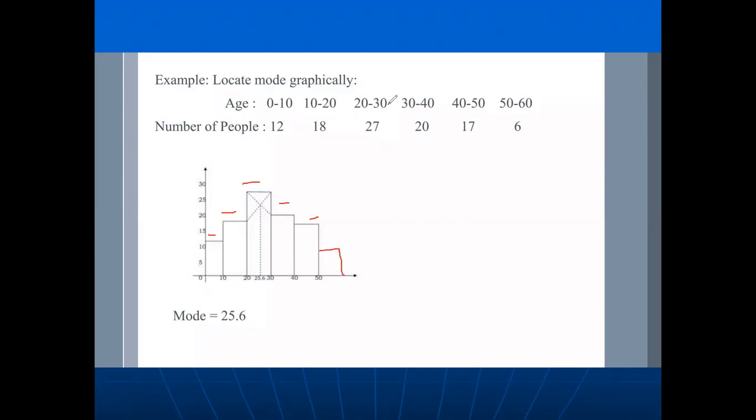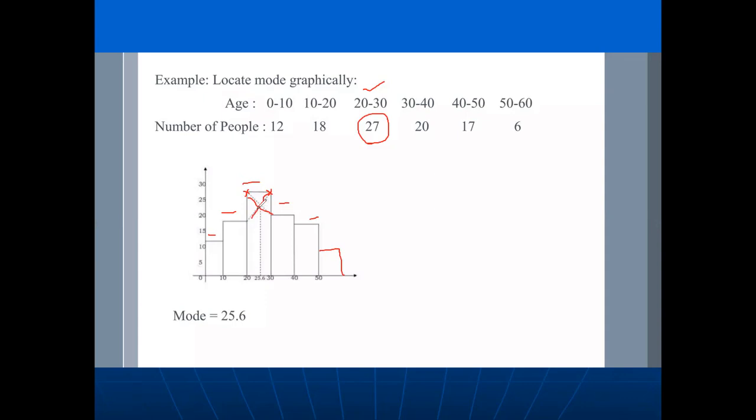Now what you have to do is take the highest bar. Which is the highest bar, for which class interval? That is 27, the highest number, which corresponds to the class interval 20 to 30. So we have to mark the upper left and upper right points here. Diagonally we have to draw dotted lines or straight lines, and they are going to intersect with the adjacent bars here.